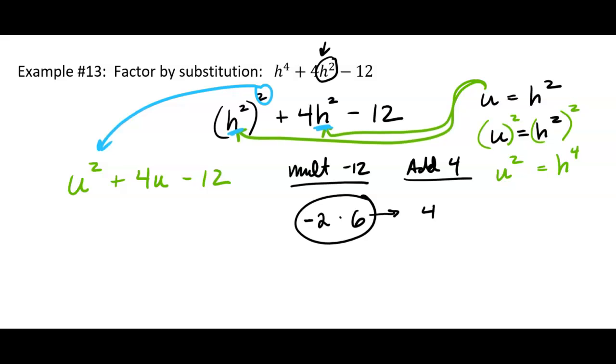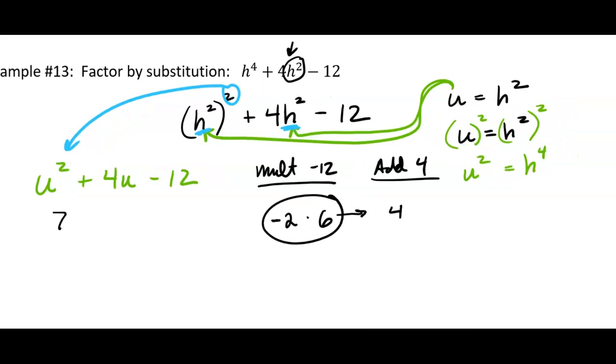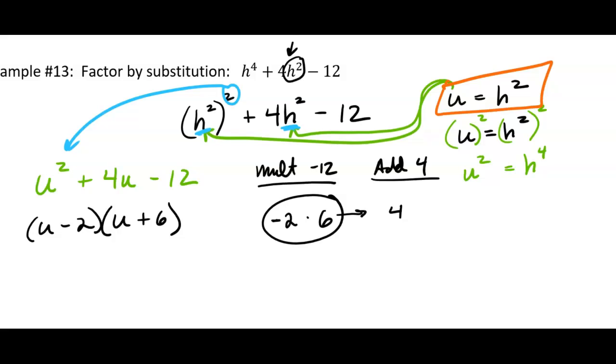Okay, and now I can just write u minus 2 and u plus 6. So that's great. Now what we have to do is take the u out. We're going to substitute, and the substitution comes from what we set up at the beginning, where we said we're going to let u equal h squared.